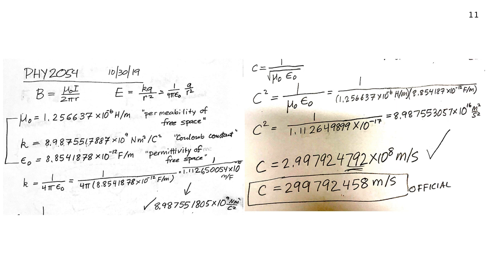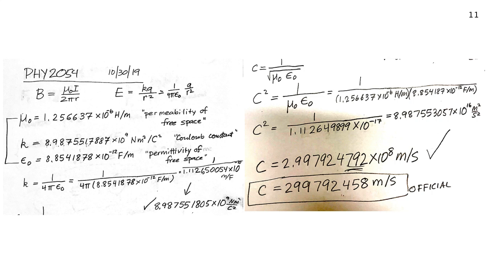All right, so 1.25, and use all the digits that I've got, because this next one is going to be really exact. 1.256637 EE minus 6 times 8.854187 EE minus 12.